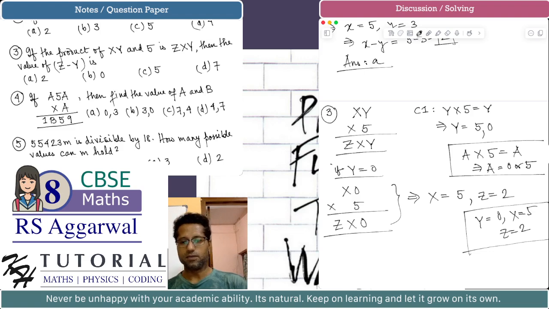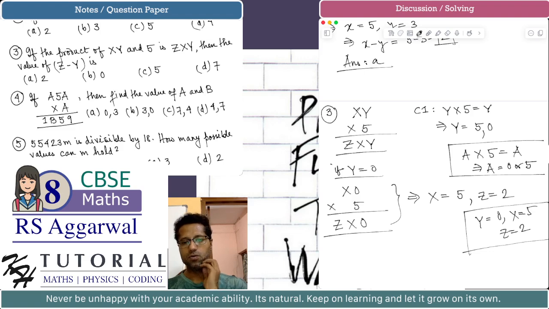But we have only considered y equals 0 as a possible value, because from the column 1 computation, the value of y can be 0 or 5. When we considered y equals 0, we found that x can be 5 and z is 2. Now if y is 0, can x have any other value?